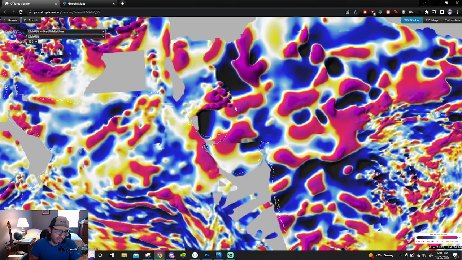So it's probably on top of the MOHO and becoming part of the crust. So the MOHO stays the MOHO, the boundary between the two, but the mantle material moves on top of the MOHO.